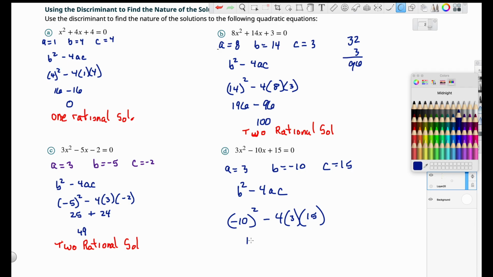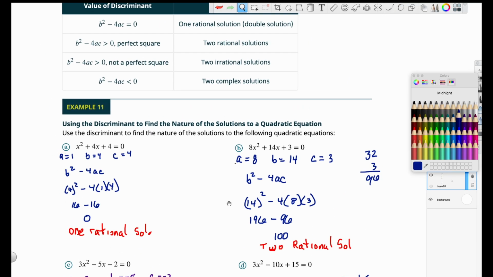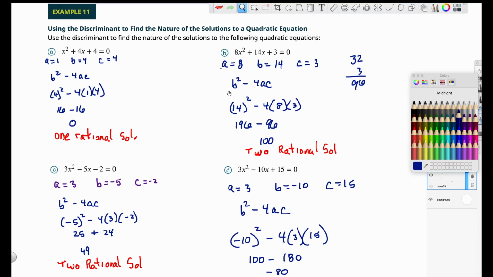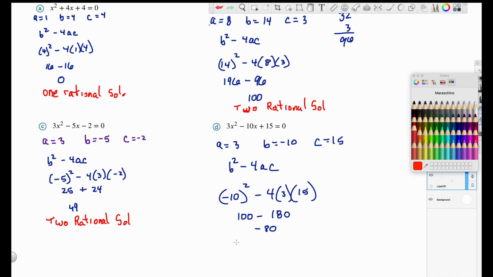So negative 10 squared is 100, minus 4 times 3, which is 12, times 15, which is 180. And I get negative 80 here. The discriminant is negative. So what does that mean? It's less than 0, so two complex solutions. So not a real solution.